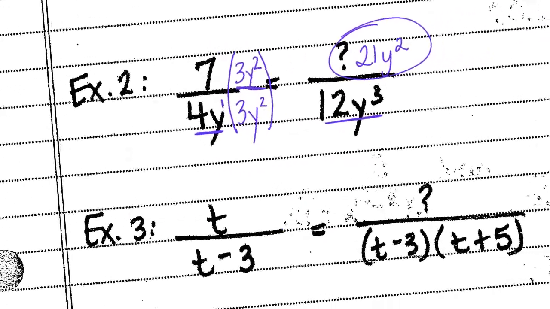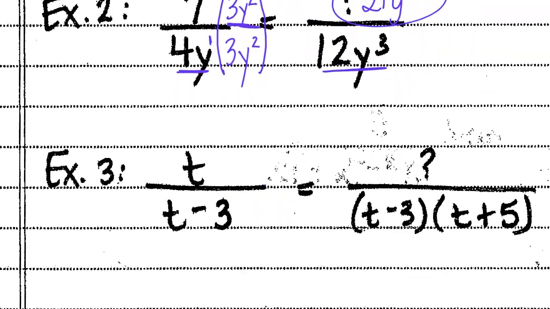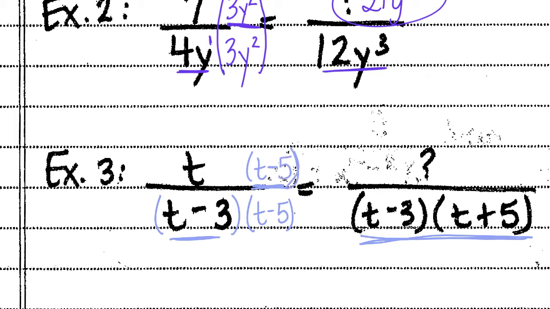As you can see, we are going to get into factoring. We still need to know how to factor. We're going to be factoring for a very, very long time. Personally, I like to show my little binomials together. So what would I have to multiply in the denominator? t minus 3 has to be multiplied by what to get to t minus 3 times t plus 5? Good. I'm going to multiply by t minus 5 over t minus 5, because once again, I can multiply anything through by 1.